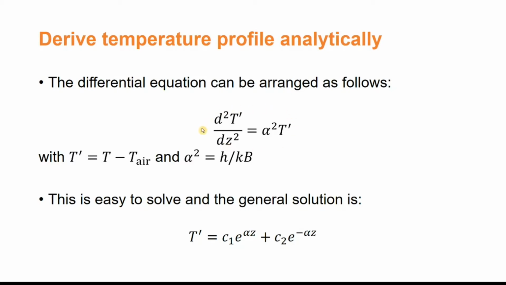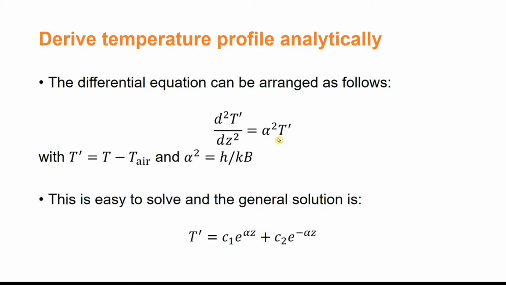What function, when differentiated, is itself, but multiplied by a constant? It's e raised to a constant times x. And therefore, the second derivative is that constant squared multiplied by that function, which is what we have.